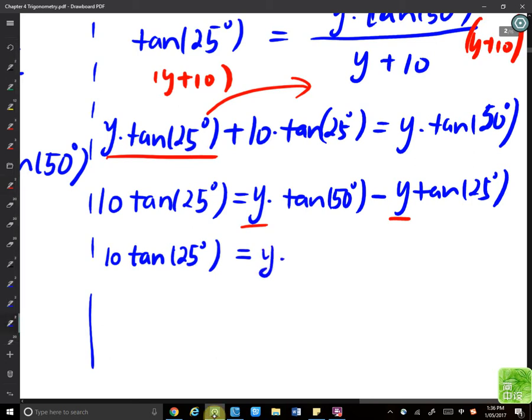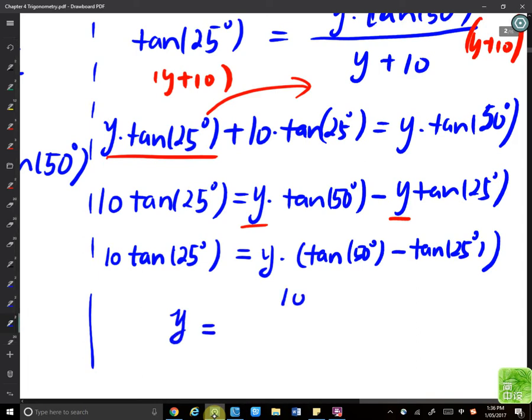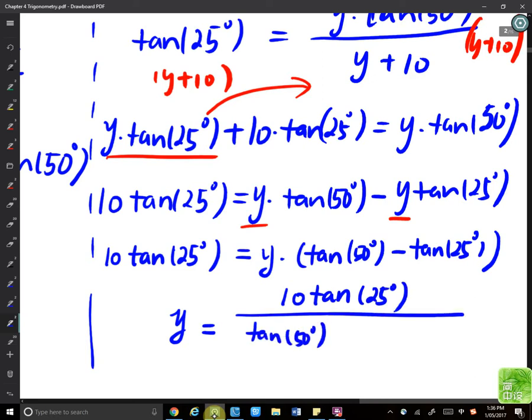So y times tan 50 minus tan 25. Y times a number minus y times another number equals to y times the first number subtract the second number. And what does y equal to? y equals to 10 times tan 25 degrees over tan 50 degrees subtract tan 25 degrees.